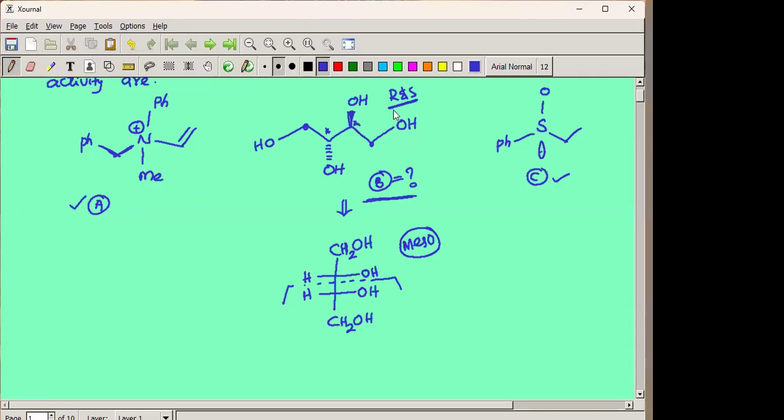See here, in this case, first I am going to find out the configuration of this carbon atom, this chiral center. This is a thick line. A thick line indicates nearer to the observer. The 4th group, which is not shown here, will be represented in a dotted line. A group or atom represented with a dotted line is considered to be present on the vertical line.